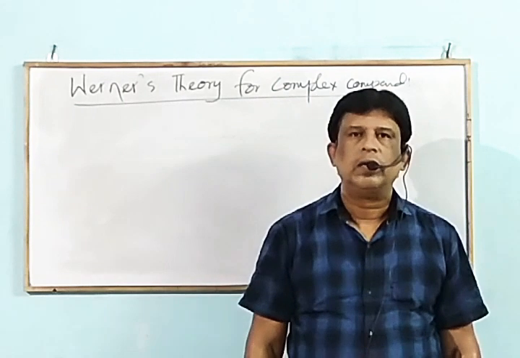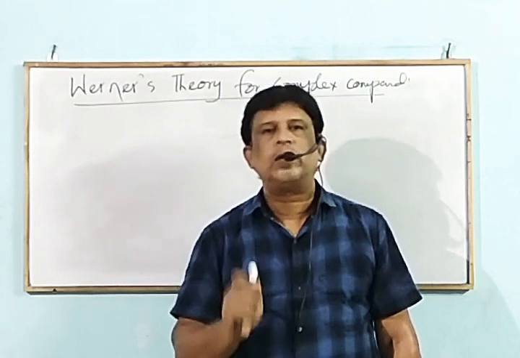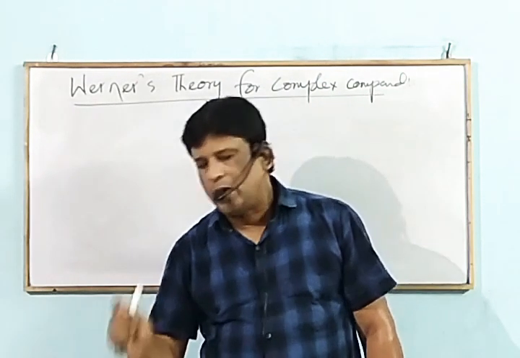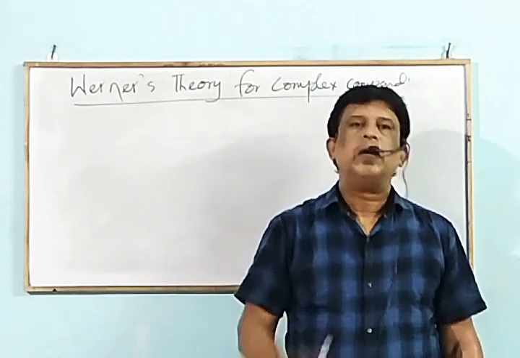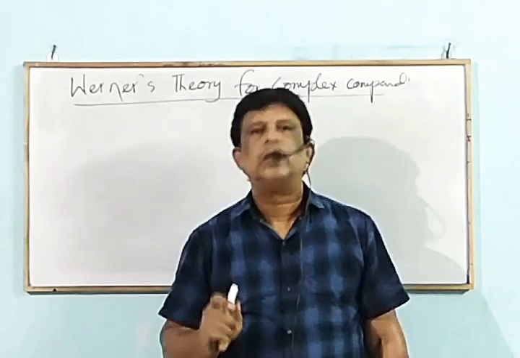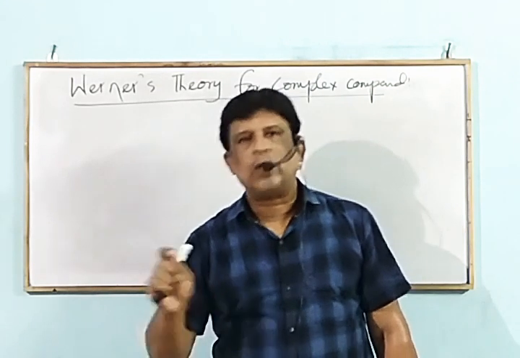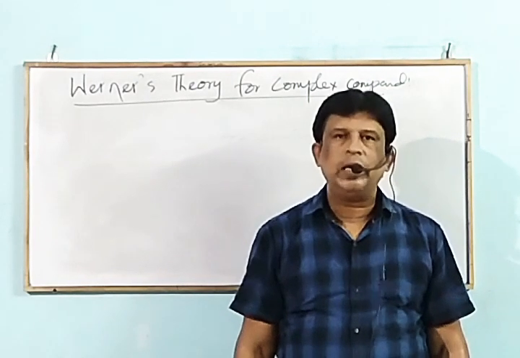Point 3. Primary valency corresponds to the oxidation number, while secondary valency corresponds to the coordination number. I repeat again, third point. Primary valency corresponds to the oxidation number, while secondary valency corresponds to the coordination number. Next point.